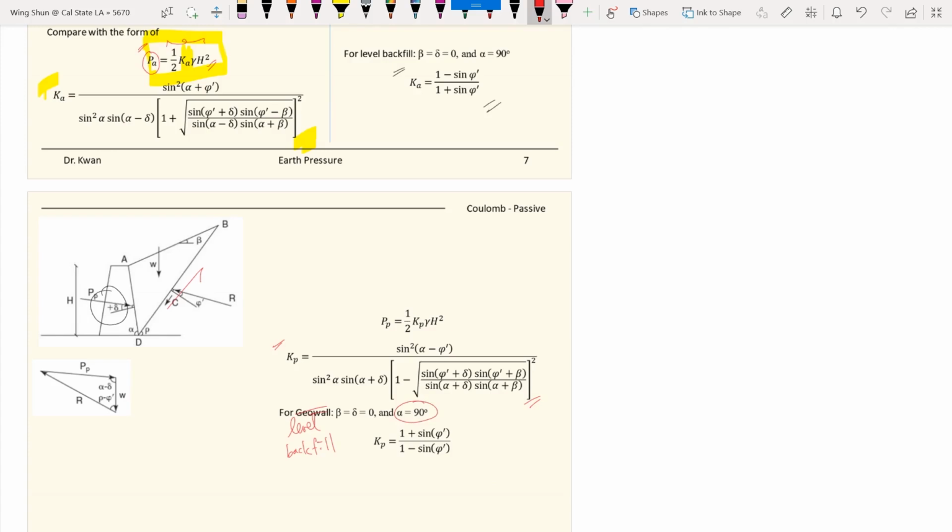So for these simplified forms of KA and KP, we are at conditions where we have a right-angle retaining wall and a level ground. So this is alpha equal to 90 degrees, and beta equal to 0. And we assume there's no friction between the soil and the wall. Frictionless, then we will have a simplified formulation.